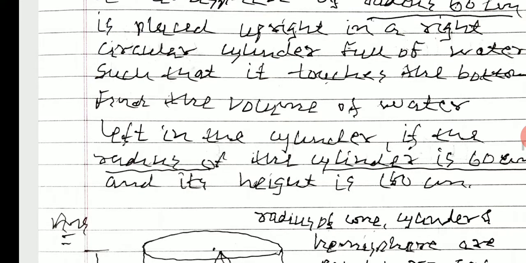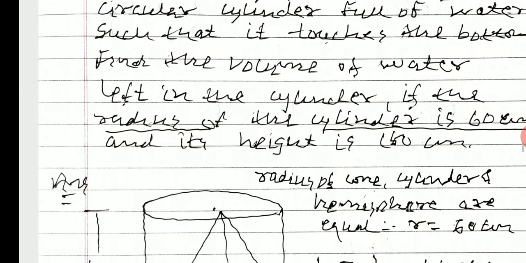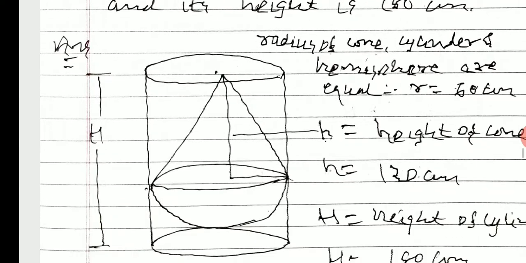Find the volume of water left in the cylinder if the radius of the cylinder is 60 cm and its height is 180 cm. Here it is given that in a cylinder we are keeping a solid which is made up of cone and hemisphere. Now radius of cone, hemisphere and cylinder, these are equal, and it will be 60 centimeter.